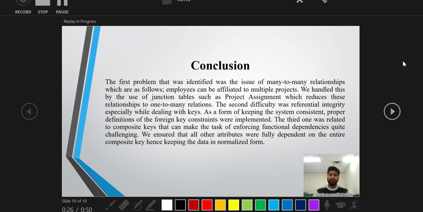As a way of keeping the system consistent, proper foreign key constraints were implemented. The third one was related to composite keys, which can make the task of enforcing functional dependencies quite challenging. We ensured that all the other attributes were fully dependent on the entire composite key, hence keeping the data in normalized form.